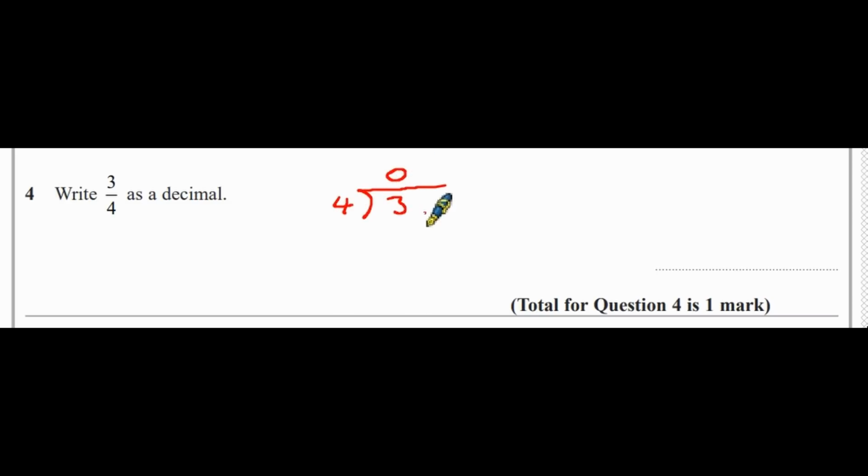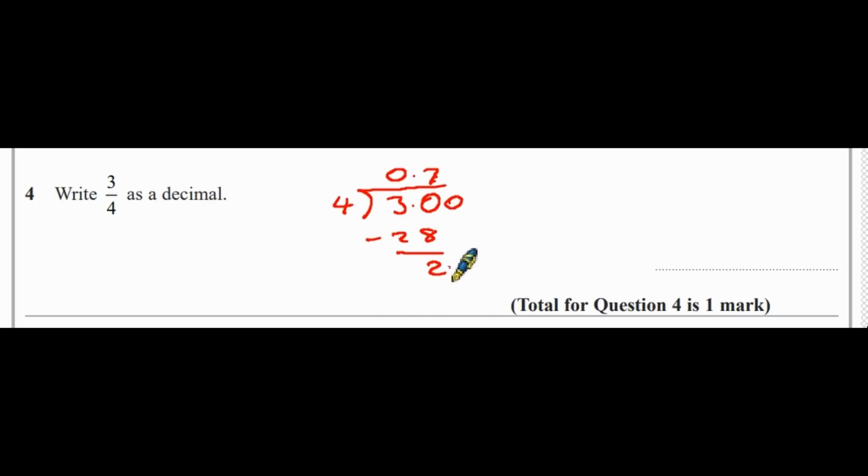There are none. Therefore, we need to put in the decimal point and create a 0. We are now looking at how many 4's there are in 30. Well, the answer is 7. And of course, 7 4's are 28. If we subtract that, we're left with a remainder of 2.